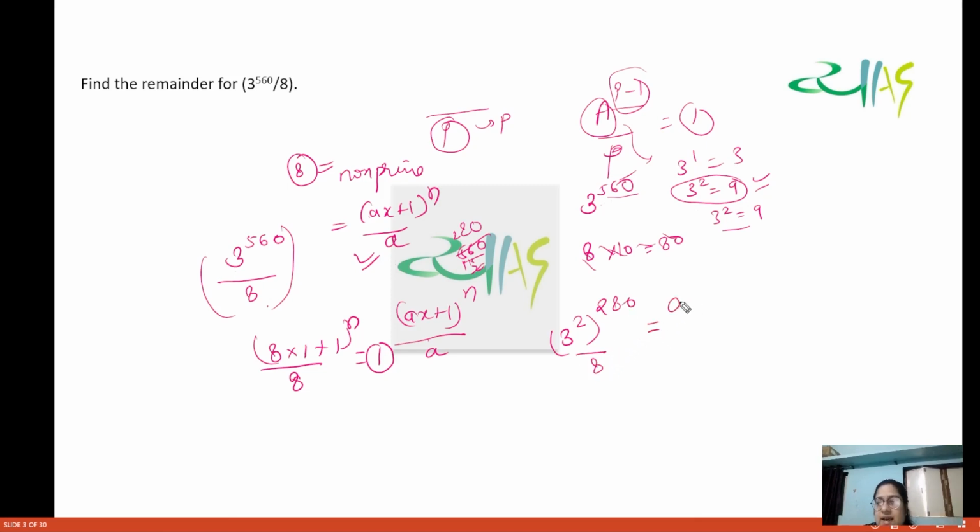So now you will have (8 plus 1) to the power 280 divided by 8, which is equal to 1. So now you got the remainder 1. This is how you can do it. This is very simple. Even if you are not getting it, try to make it in the form of ax plus 1.